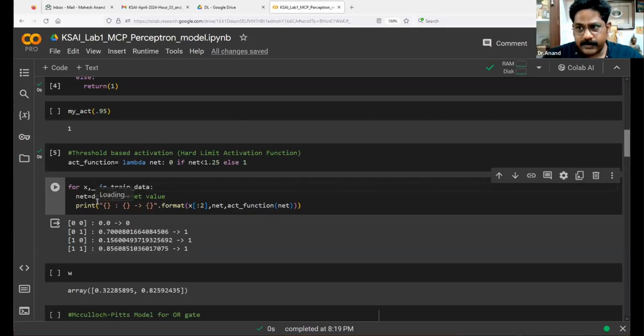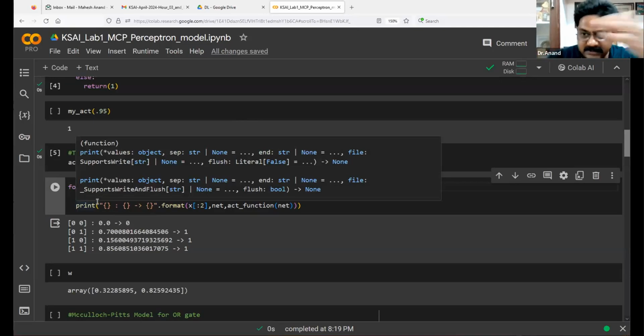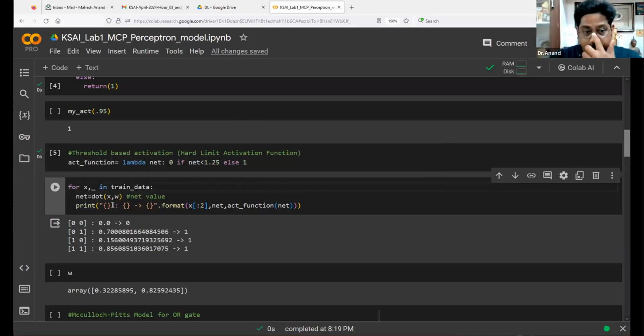What I need to perform over here is the sum of products, the dot product, right? So I'm using the dot function here, or if you want to operate it manually, also fine.